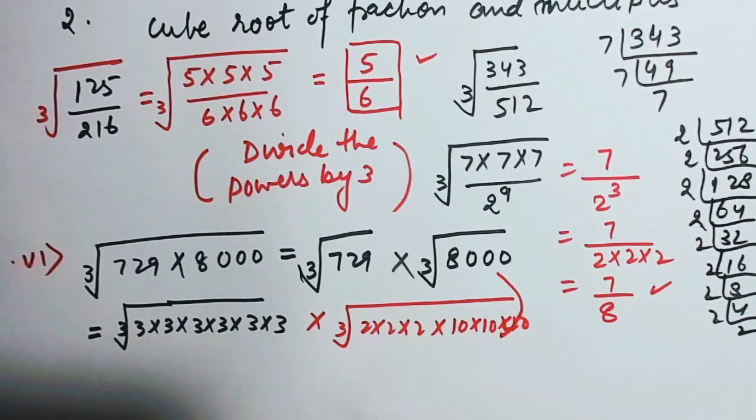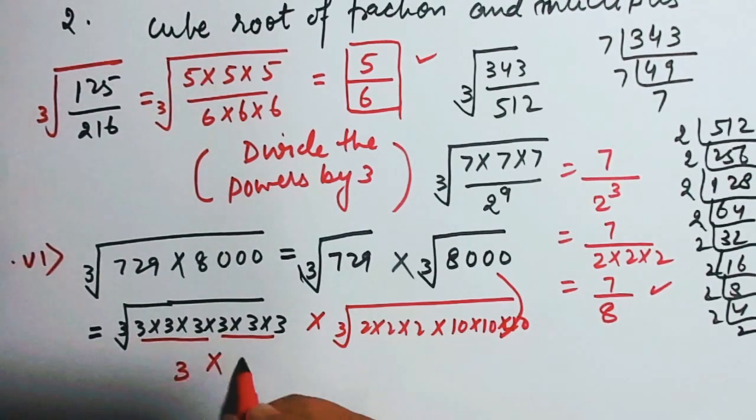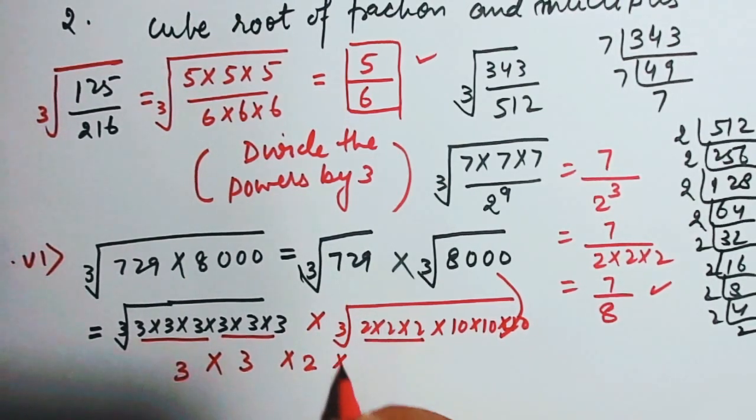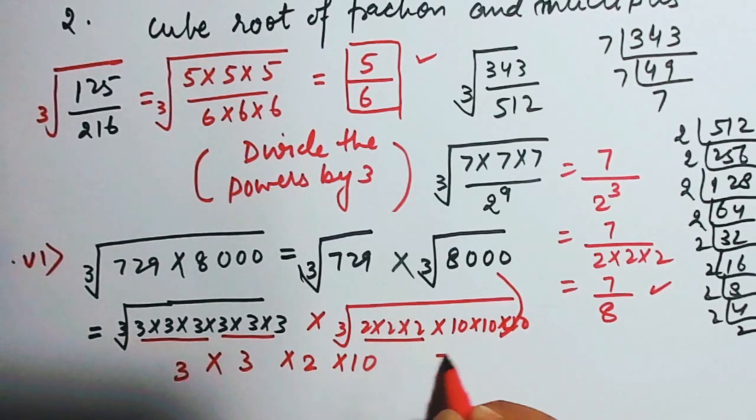So have a look here. For every triplet I'll take one. So here we have 3 multiplied by 3, and for each triplet I'll take one of them. So we have 3 2s are 6... 3 times 3 is 9, 9 times 2 is 18, times 10 is 180.